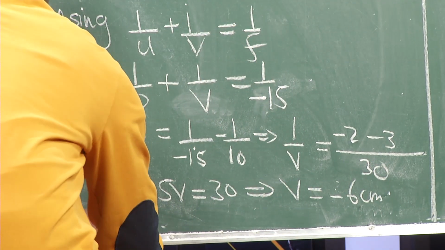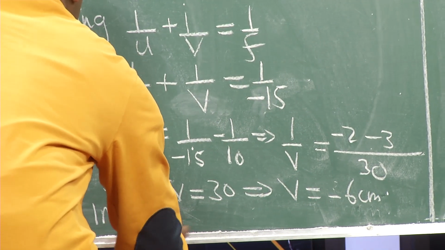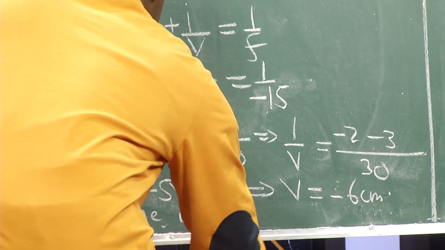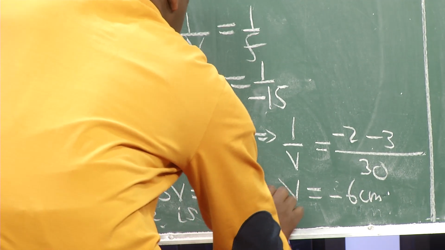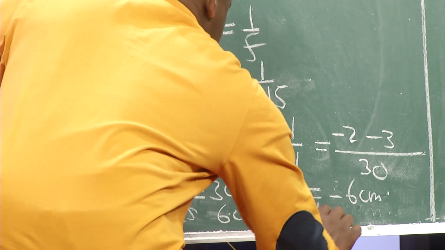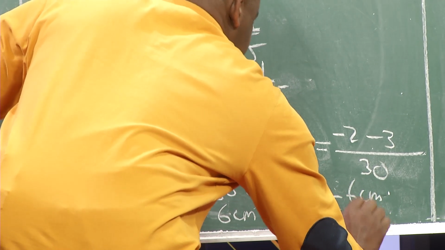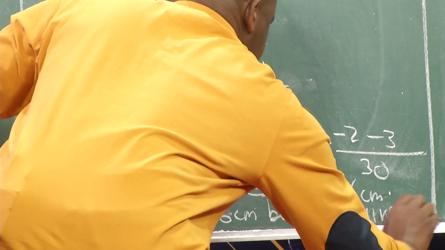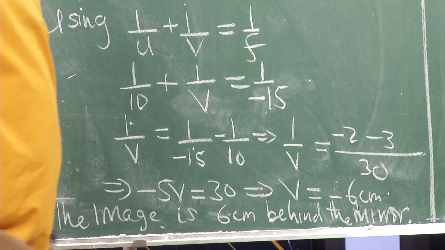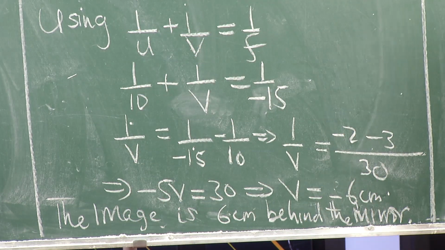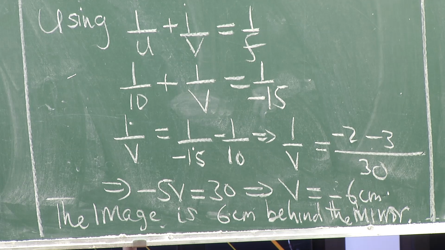So we can say that the image is 6 centimeters behind the mirror. Remember that convex mirrors form virtual images, and therefore, if the image is formed and is virtual, it is going to be behind the mirror usually.